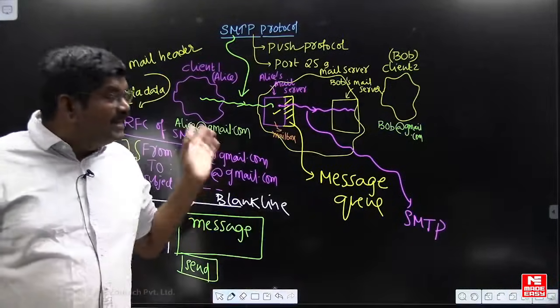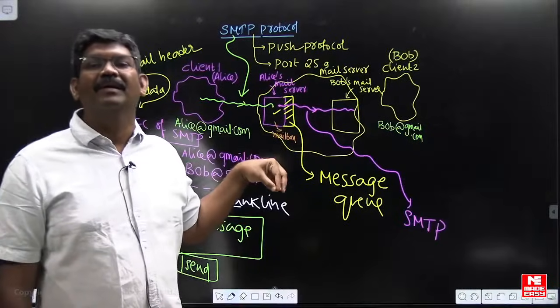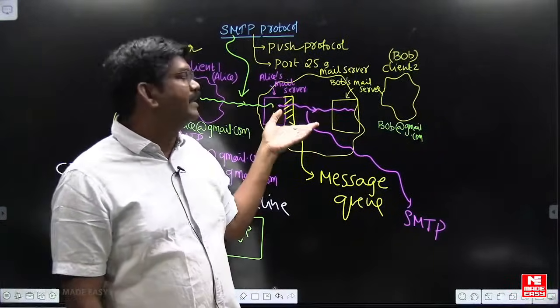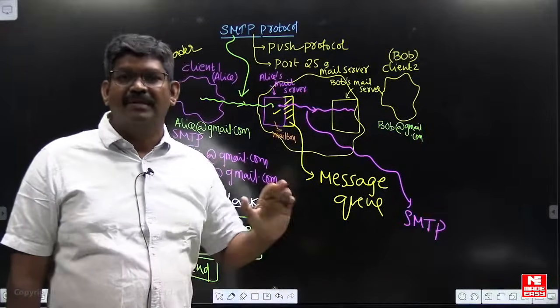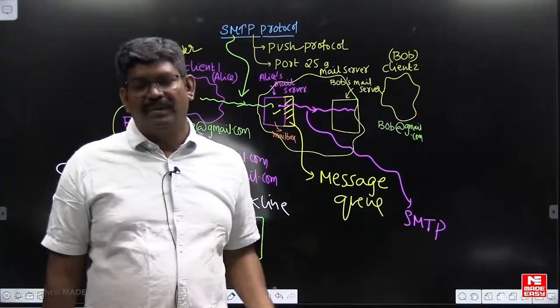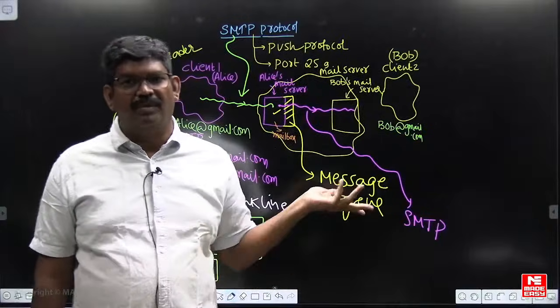So that is the reason every client's mailbox has to be stored at the data center or that mail server only. This is one more question. See, from this concept itself, I have explained 10 to 11 questions of 1 mark they can ask.